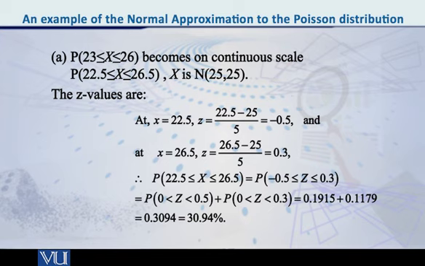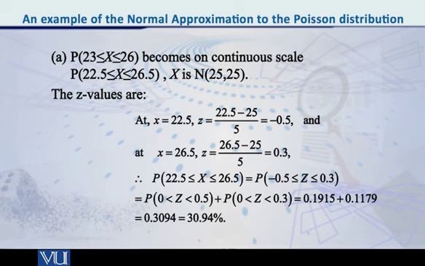And when x is equal to 26.5, z comes out to be 0.3. Therefore, the probability that we want to find is given by the probability of z lying between minus 0.5 and 0.3.